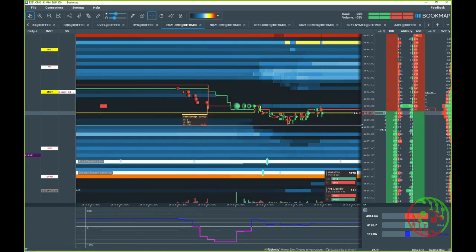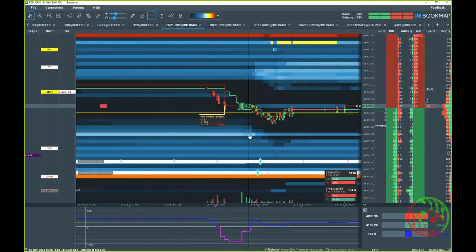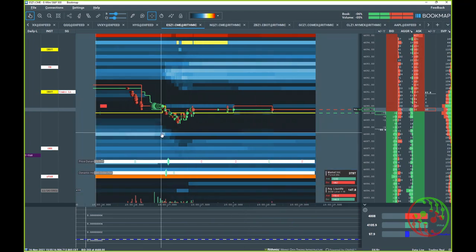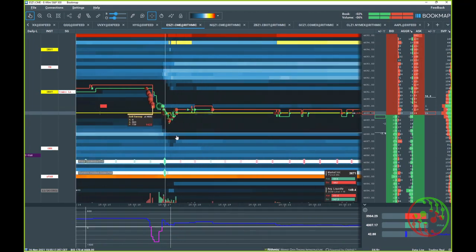Let's have a look at this iceberg. Very fast, it went 6 ticks. He actively traded 693 contracts and passively 729. The sum is 1,422. And what happened then?